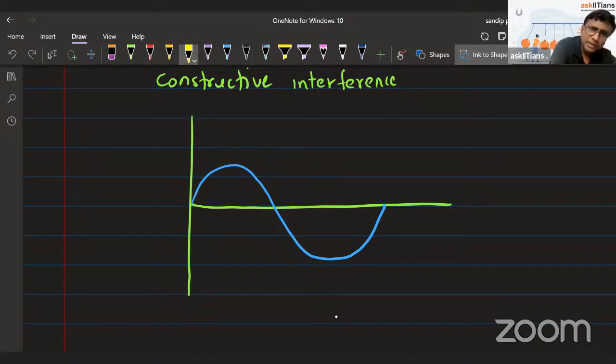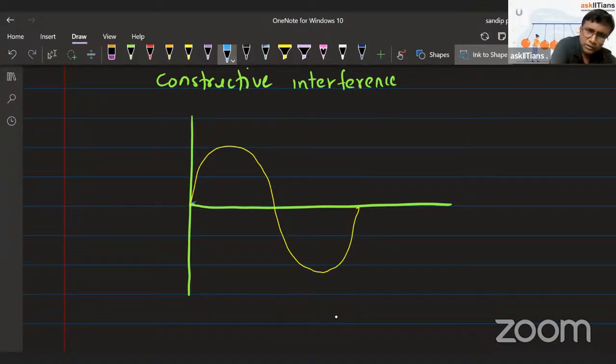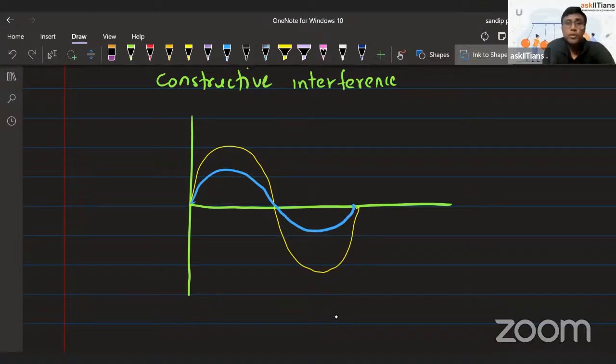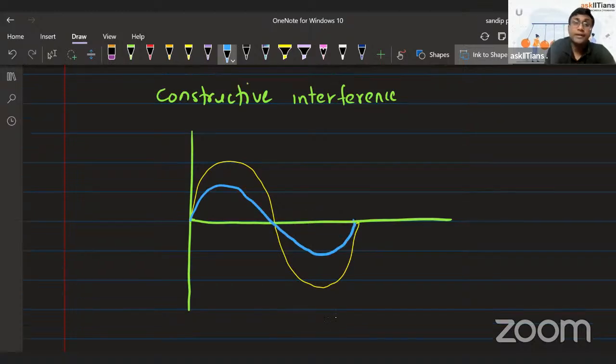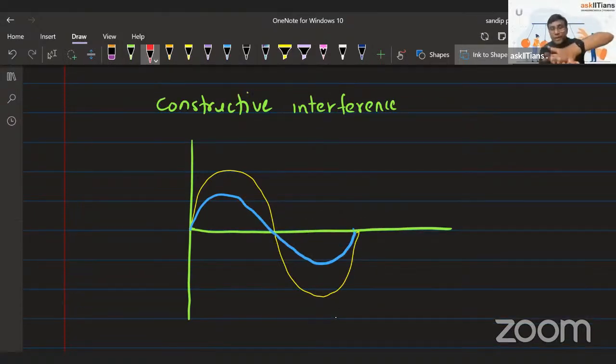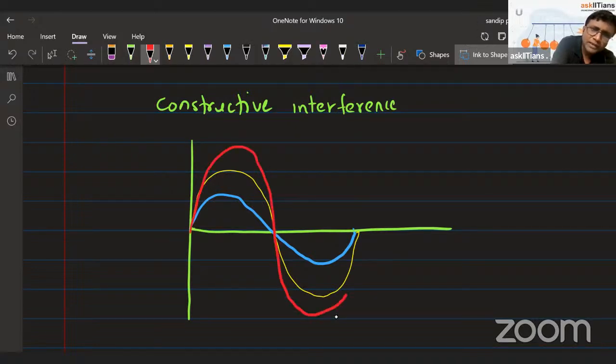Both waves are in the same phase. They are moving together. The combination of these two will create the maximum amplitude like this. That is also a superposition of waves.